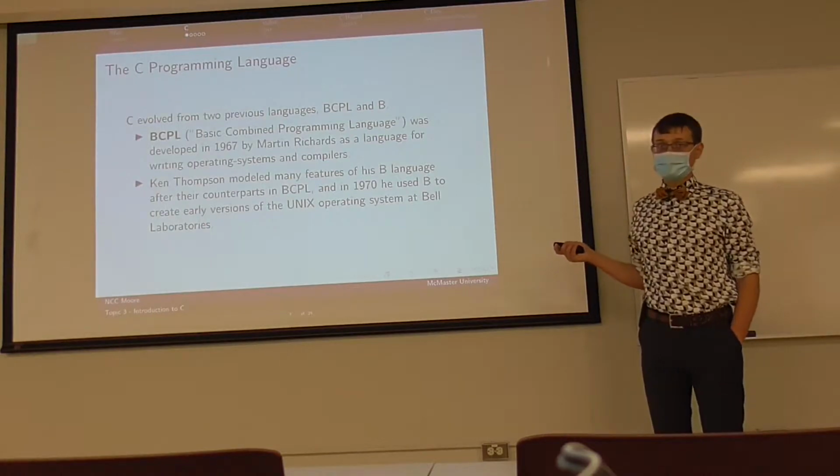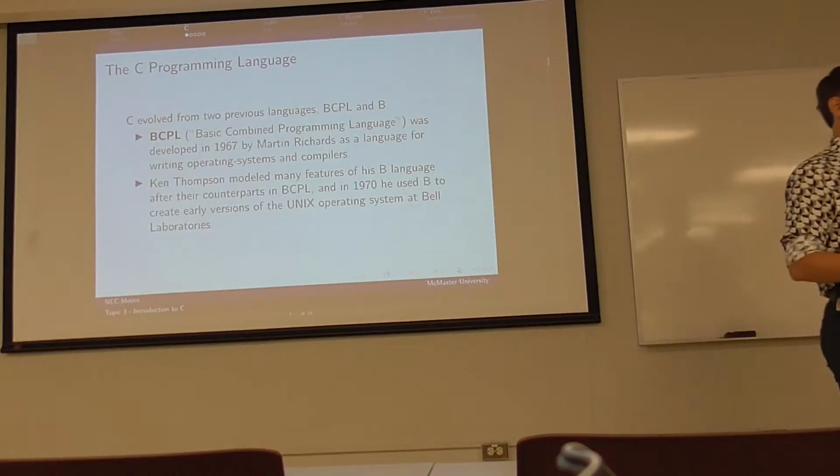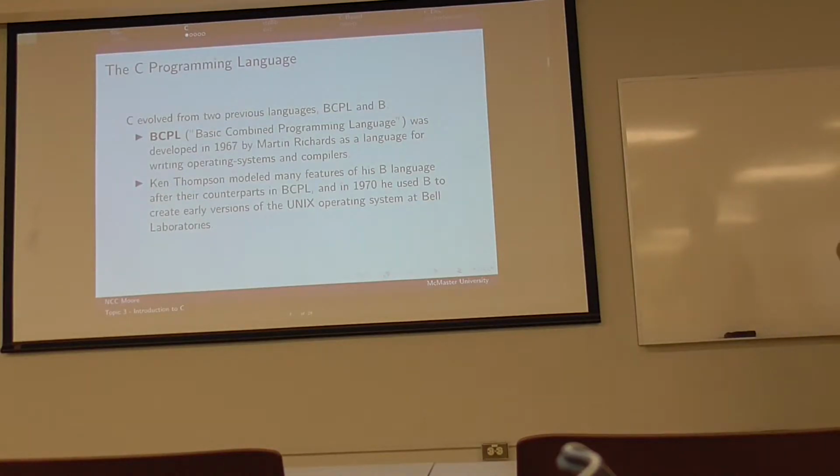Basically, they used B for some things. They used assembly for a lot else. Through that work, they saw what they needed in a new language. So they took B and they improved it to create C. C is the successor to B, which is why it's called C.